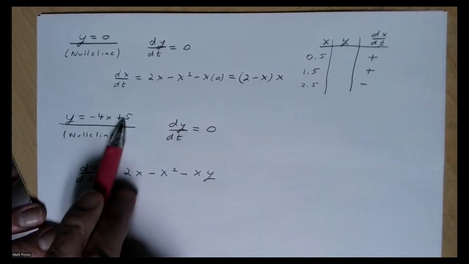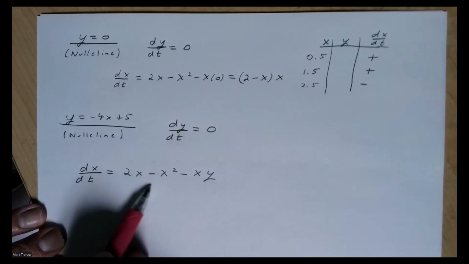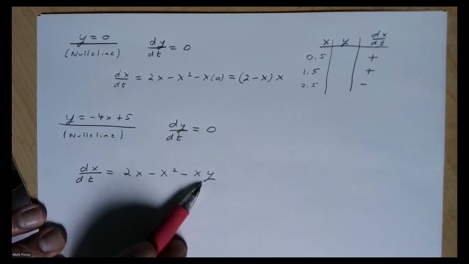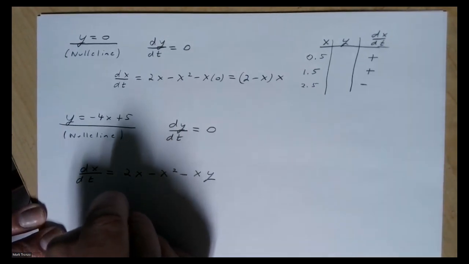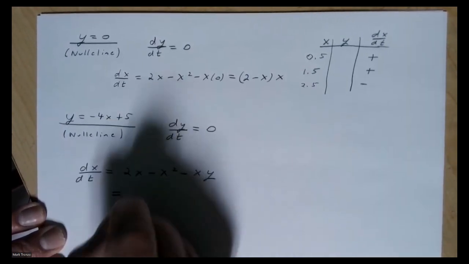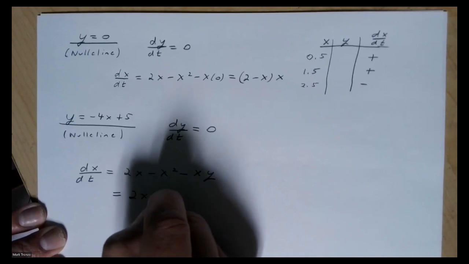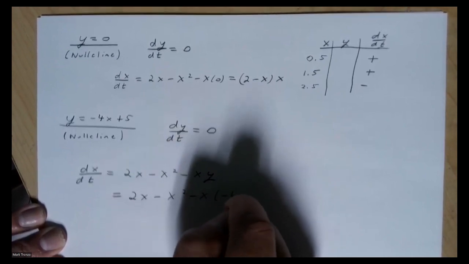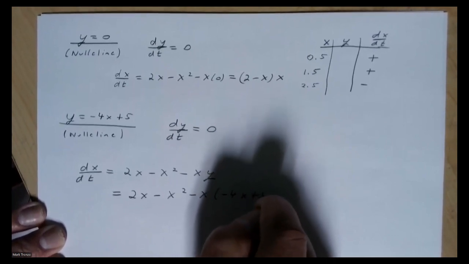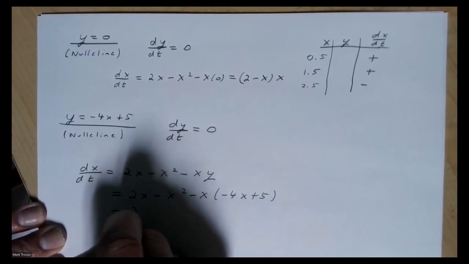So again, we're going to substitute into here. This time we can just substitute it as it is because these are already all x's. So let's go ahead and do that. I'm just substituting this into here. 2x minus x squared minus x times 4x plus 5.